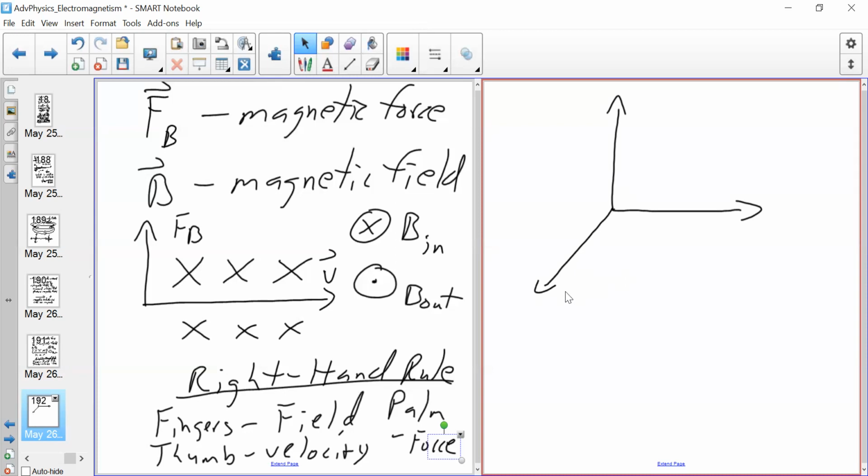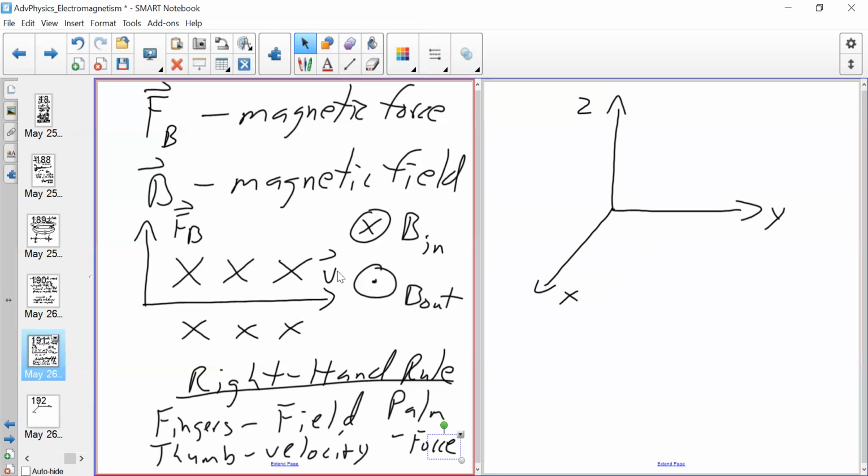So we have x, y, z. It's three-dimensional. If you can't visualize this, just note that all of these vectors, magnetic force, velocity, and the field, are all perpendicular to each other. So they form a three-dimensional picture.